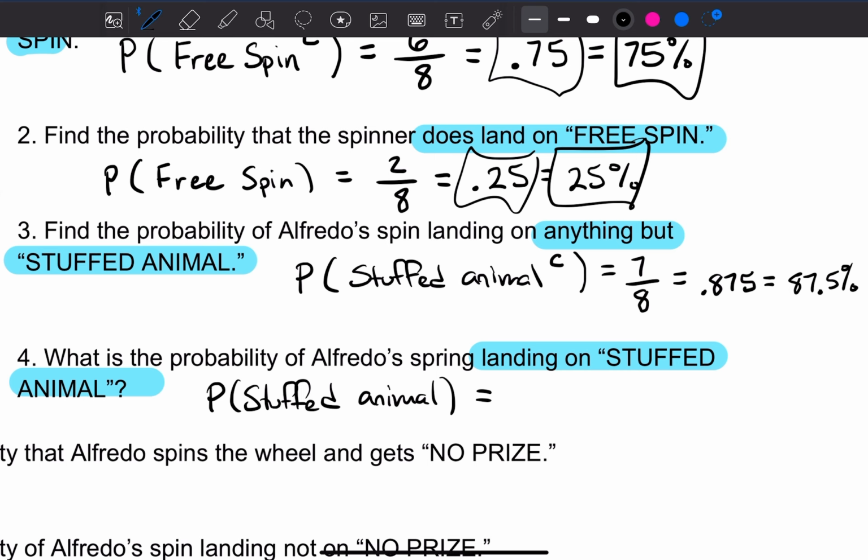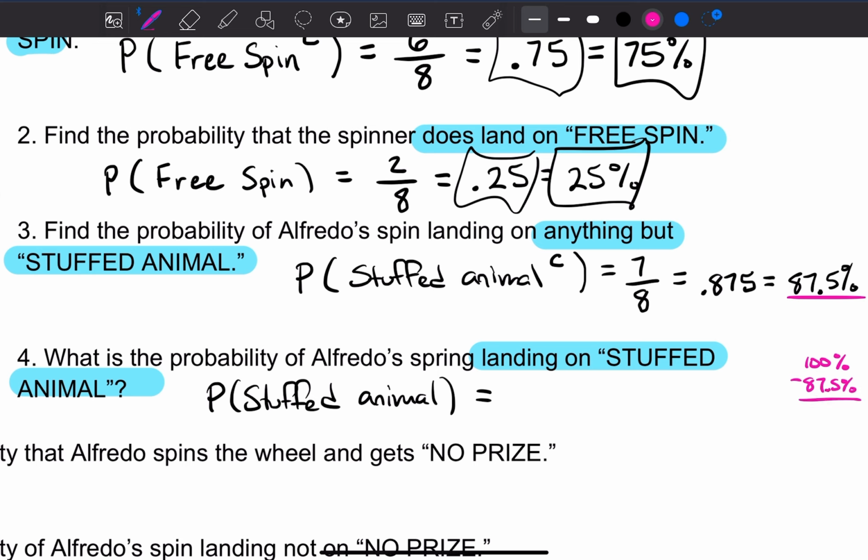So if I figure that out, I'm going to do this off to the side so you guys can see. If I do 100%, because they need to add up to 100, and I already have 87.5, I'm going to subtract that.